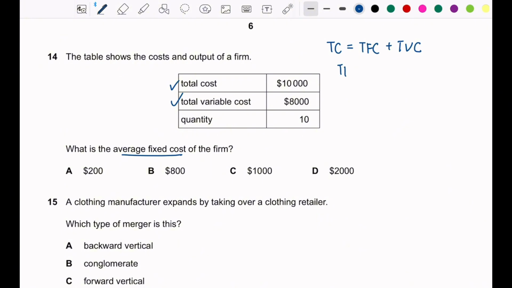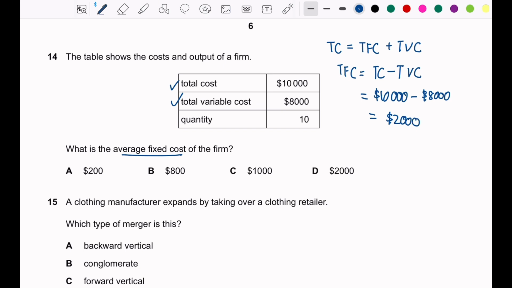So to find total fixed cost, we just rearrange the formula and plug in the numbers. The total fixed cost is 2,000.